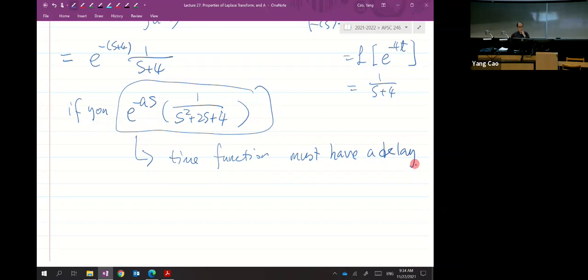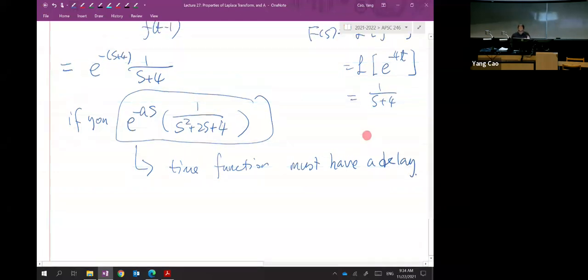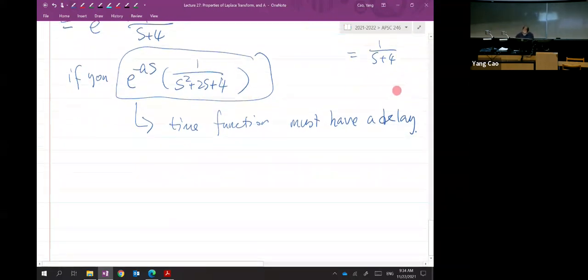Many real-time systems have delay. When you transform the time function of this actual system into a Laplace format, into s function format, if the system has a delay, then your s function will have an exponential to the power of negative something s in your expression. So that's direct knowledge that the system has a delay when we look at the s function. Okay.